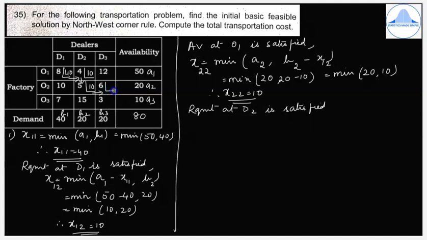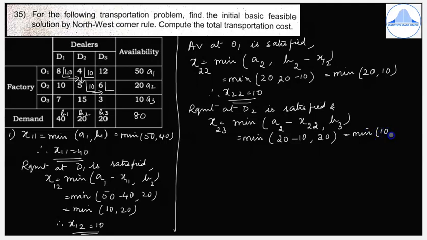So you'll come to this particular cell and the formula which you have to use is x is equal to minimum of A minus x comma B. So this particular cell is 2, 3, minimum of A2 minus x22 comma B3, which is minimum of 20 minus 10 comma 20, which is minimum of 10 comma 20. So you'll get x23 is equal to 10.